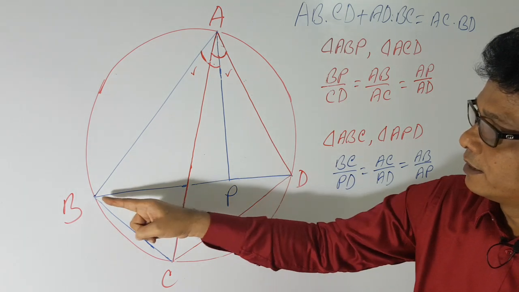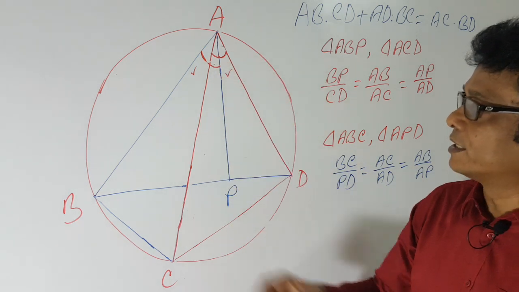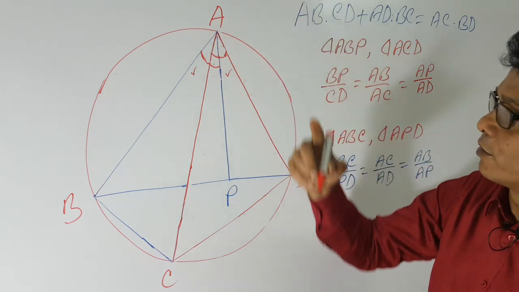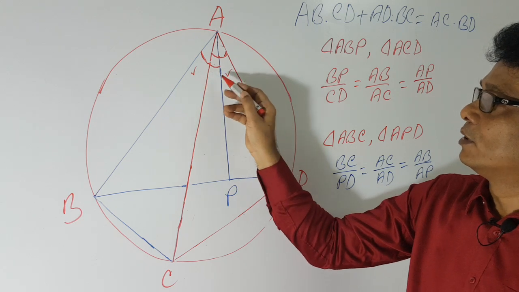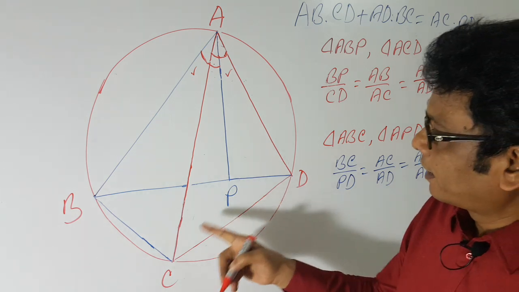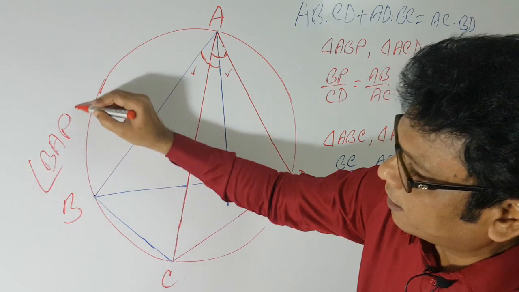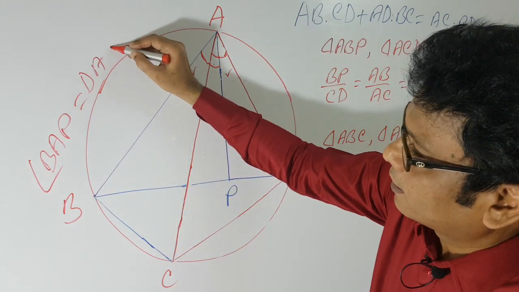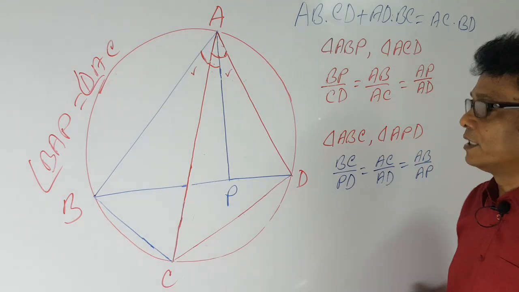Finally we get angle BAP equal angle DAC, because this angle equal this angle according to construction. So angle BAP equal angle DAC. Okay.